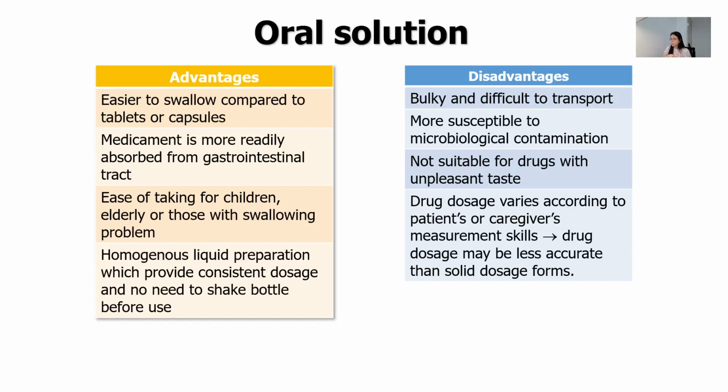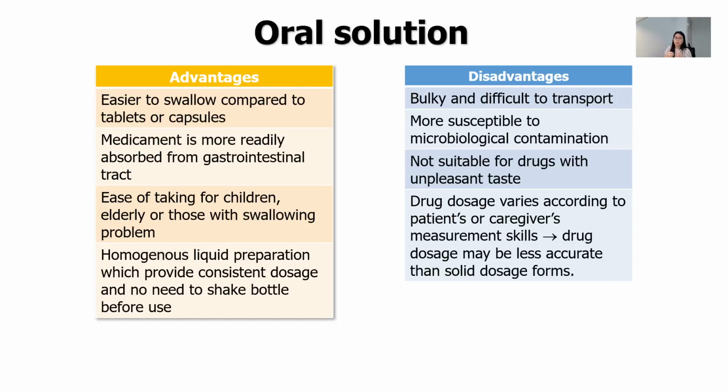The oral solutions also, because we need to pour out before administering to the patients, the way of pouring out or the way of syringing out the medications according to the prescribed dosage is actually very dependent on how skillful the carer or the patient's parents are. If they can measure the amount of drug correctly, of course the dosage will be correct.